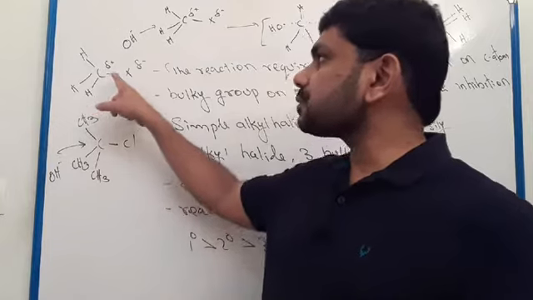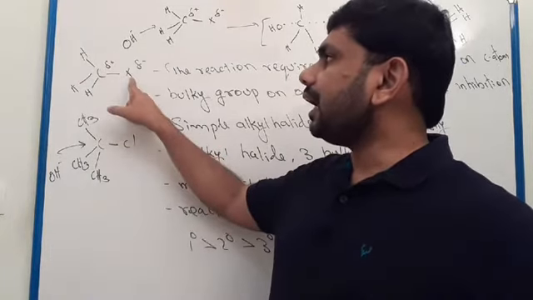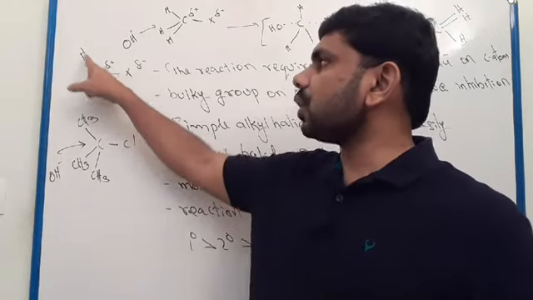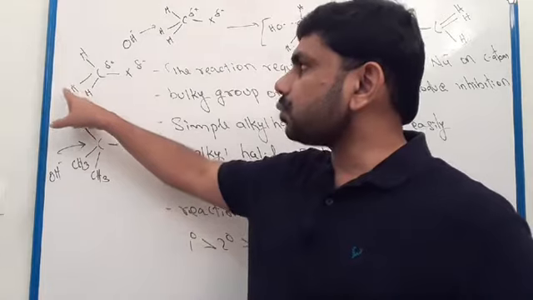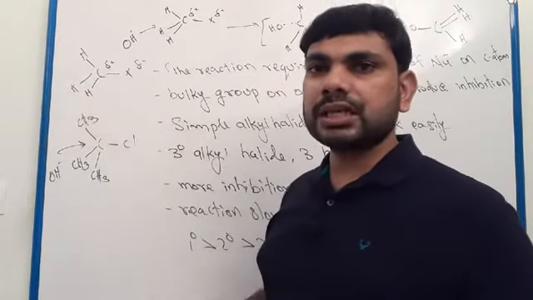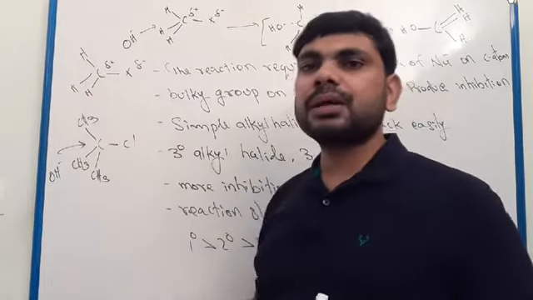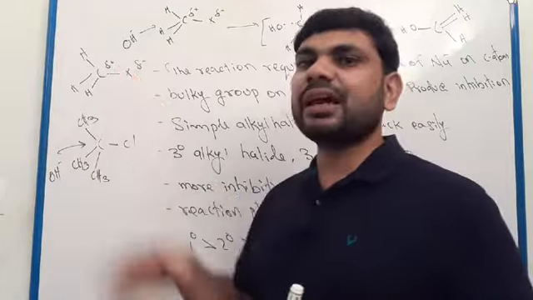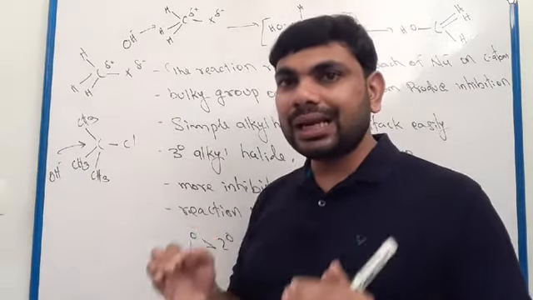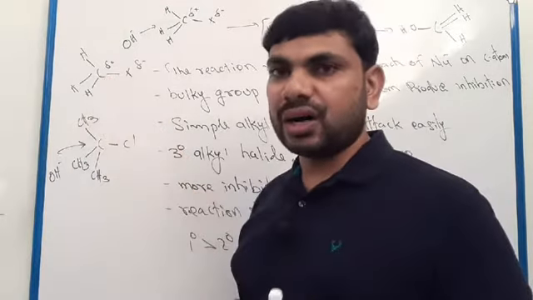But look here, this is a primary alkyl halide. Primary alkyl halide means the halogen attached carbon has only hydrogen atoms, or sometimes one carbon and two hydrogen atoms. So here the nucleophile can approach the carbon atom very easily, with comparatively very little inhibition effect, so the reaction will be faster.